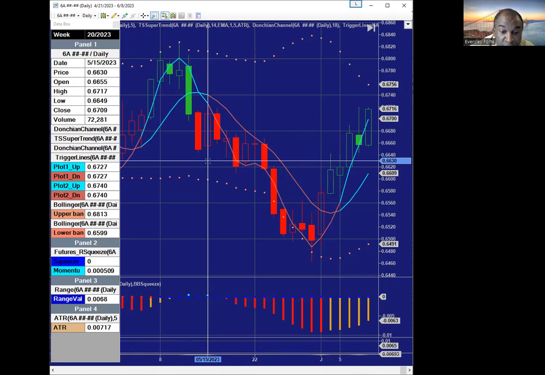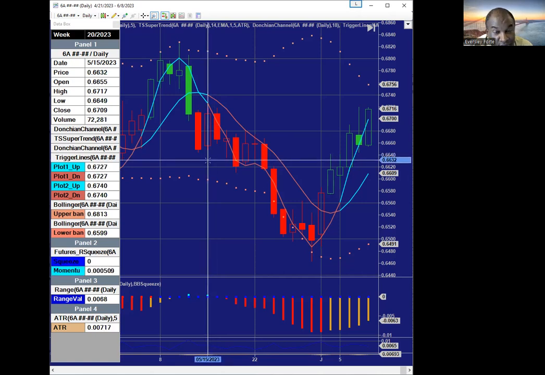Please type it in. Correct. 0.6639. So for this strategy, I'm entering the trade 10 ticks below the low. So we'll keep that number in mind.